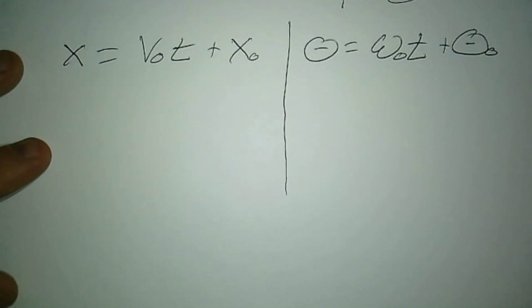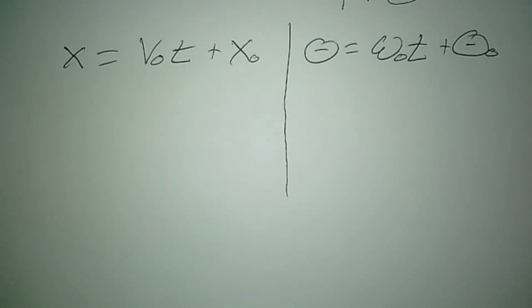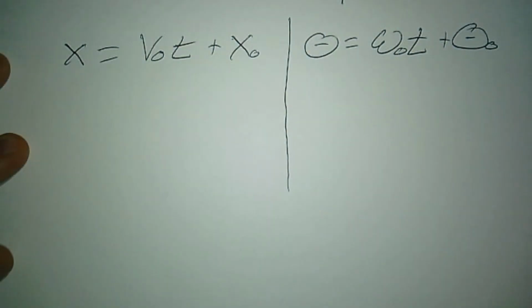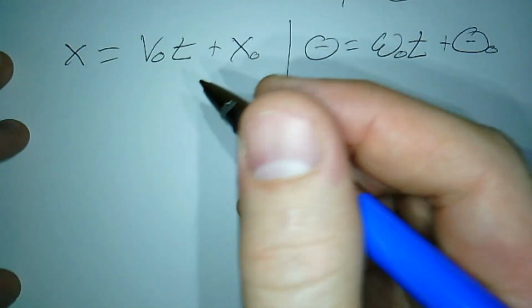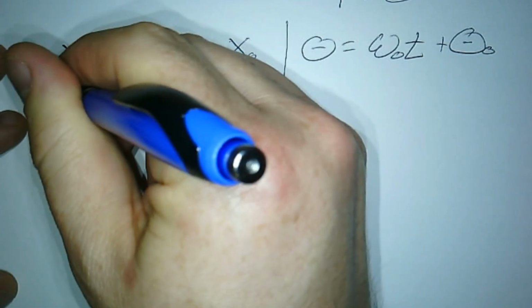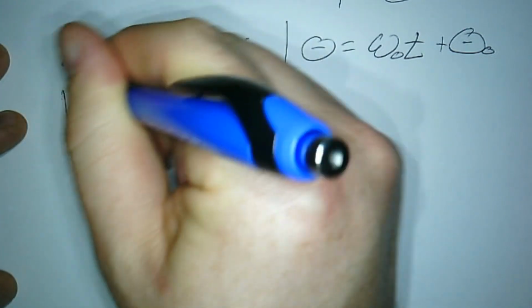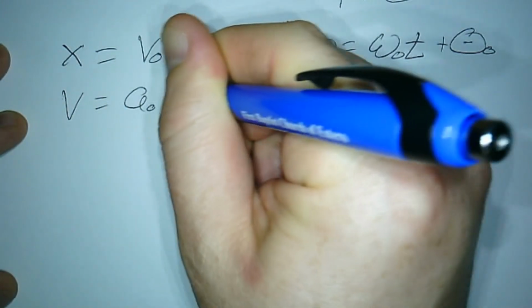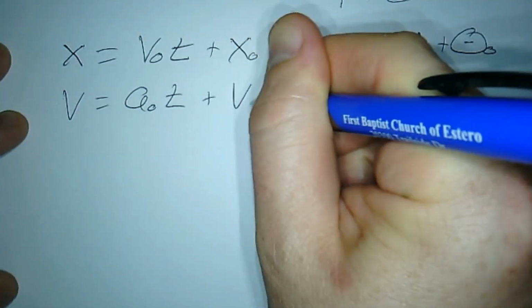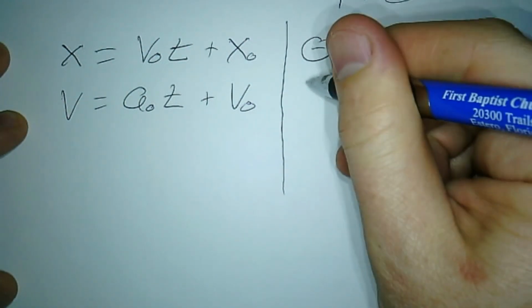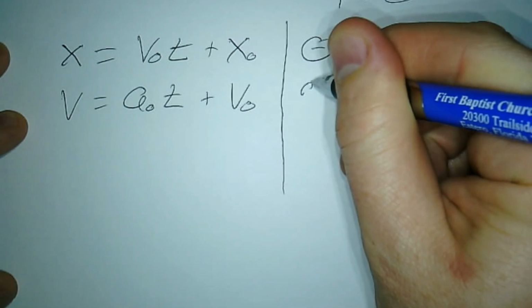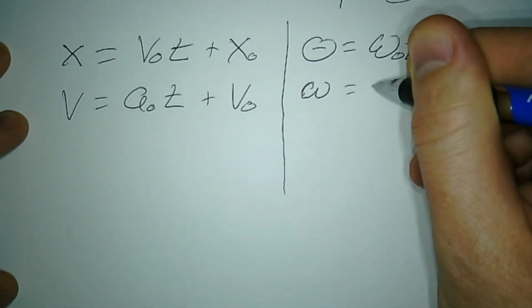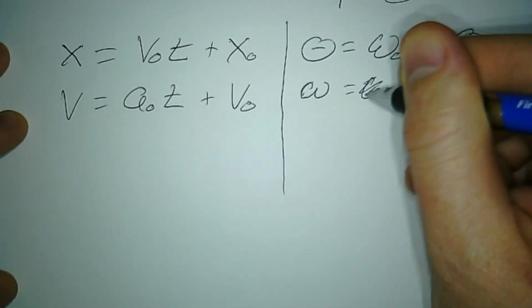So what are our other equations that we have for linear kinematics? Well, I could basically take the same equation for speed and say this is going to be v equals constant acceleration times time plus initial speed. All right, so I can do the same thing. I can say your angular speed is equal to, that's supposed to be an alpha.